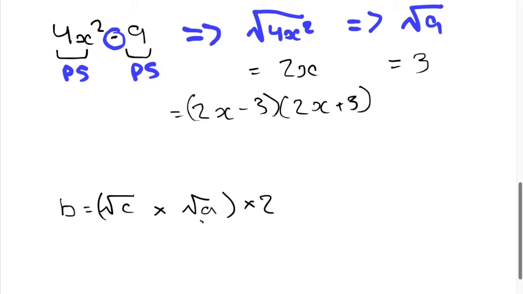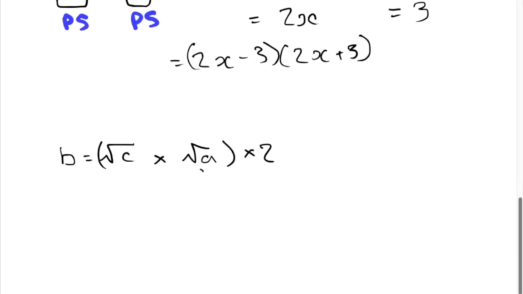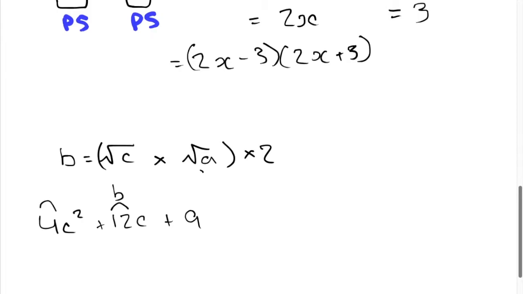This is the format of a perfect square equation. I'll show you an example, because at the start this is really confusing. Let's say I have 4c squared plus 12c plus 9. Notice how b in this case is 12, 4 in this case is a, and 9 in this case is c. Let's try and plug all these variables into this equation.